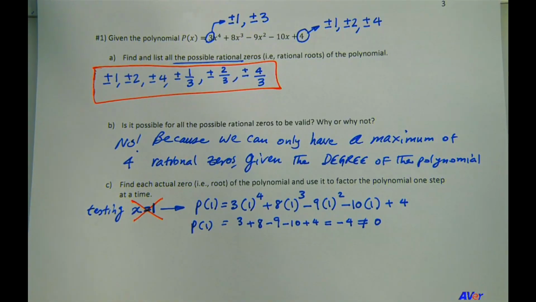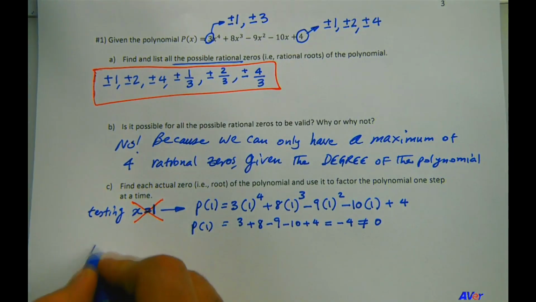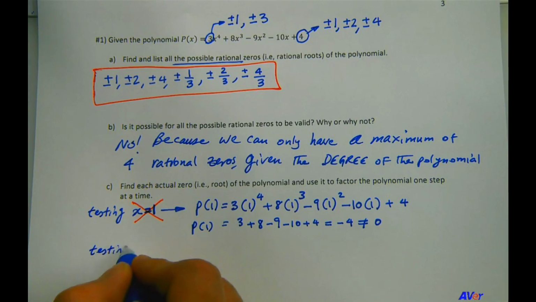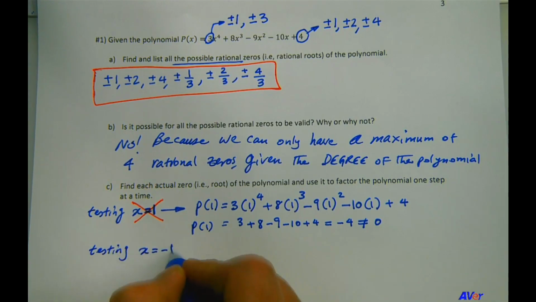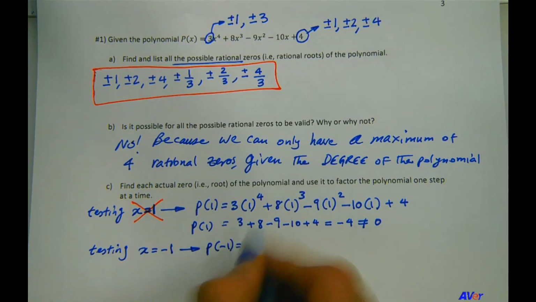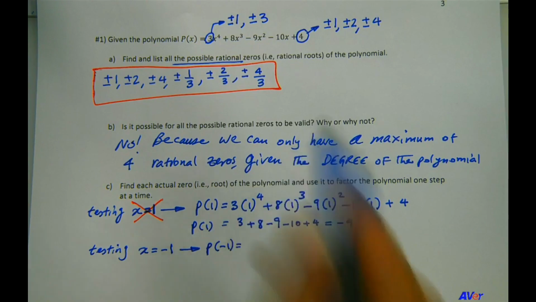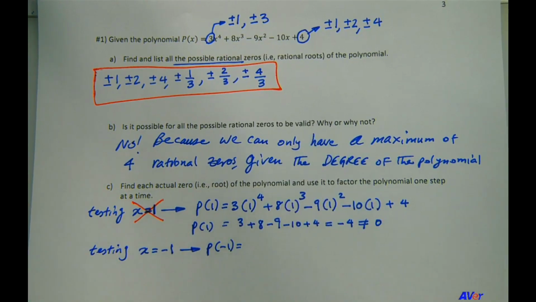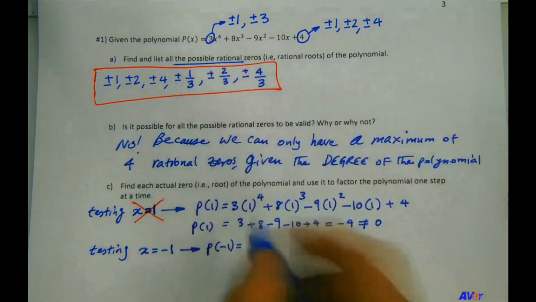Okay, let's try negative 1. Testing x equals negative 1. I'm going to substitute in the polynomial. You can see the polynomial up here.